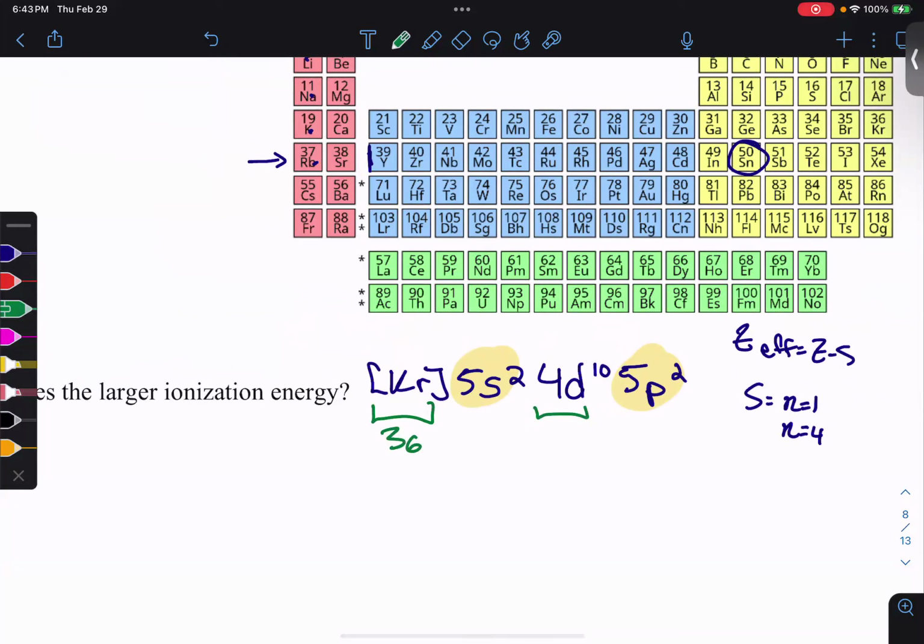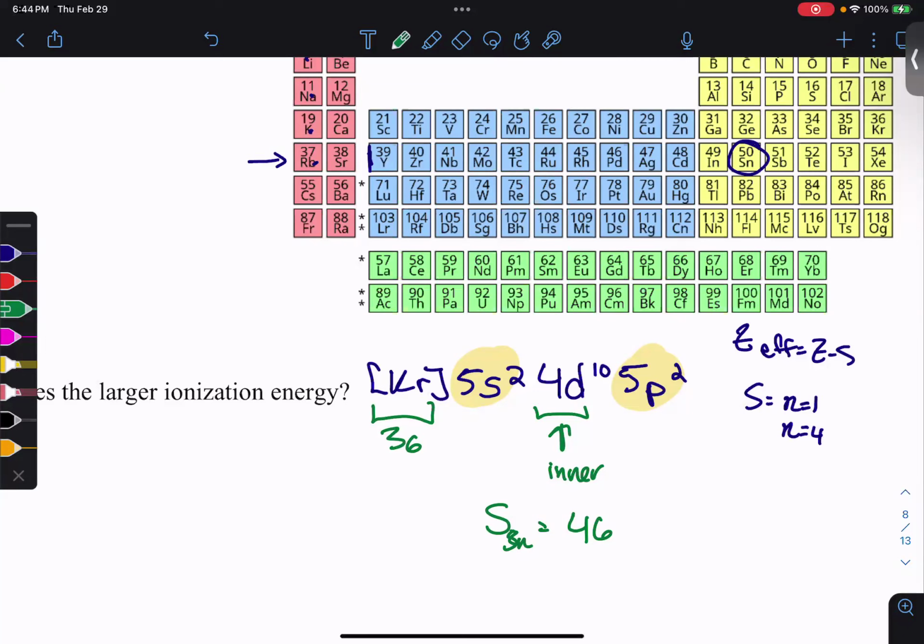Do I count these 4d electrons? Yeah, they're in the 4th row too. They're written kind of on the outside, but we're not counting them towards the valence shell count. This is actually in our inner shell. So the shielding for tin in this example is actually 46.